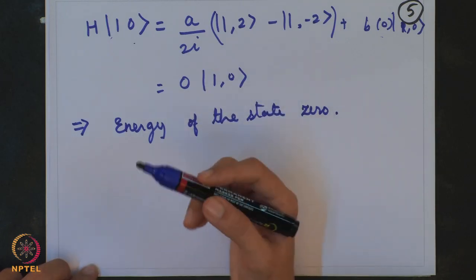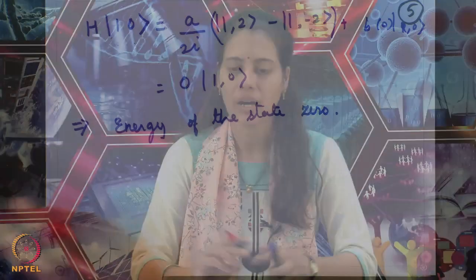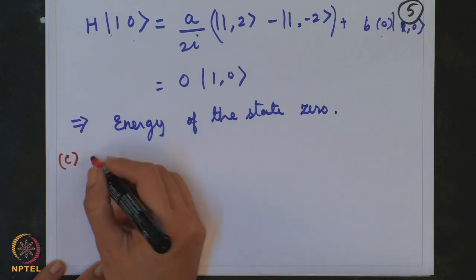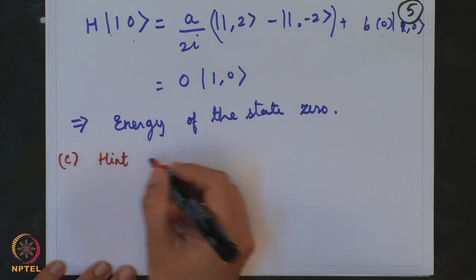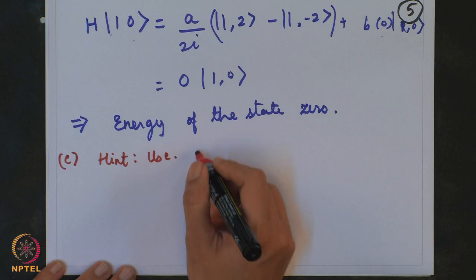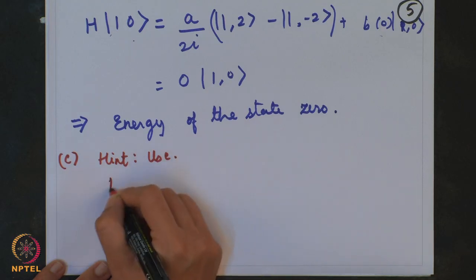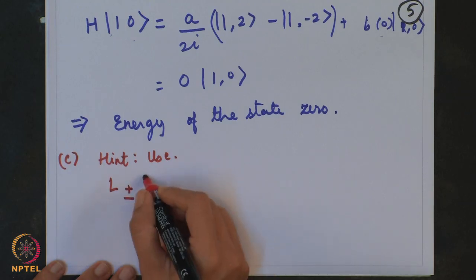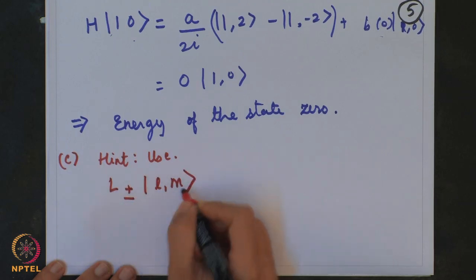Alright. Now, in the next part, the C part of the problem, you have to calculate the energy eigenvalues and the eigenvectors. To calculate these, you need to know again some of the basic things. The hint here is you will use the following. First, L plus and L minus, I can club them together.